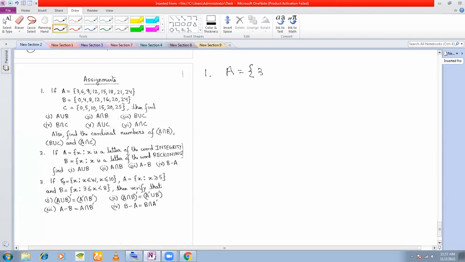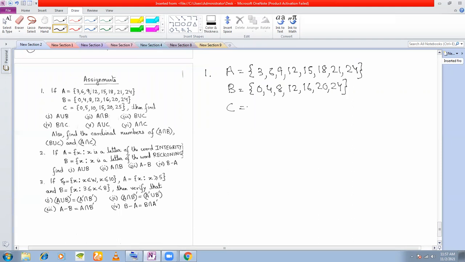The set A here is 3, 6, 9, 12, 15, 18, 21, and 24. The set B here is 0, 4, 8, 12, 16, 20, and 24.